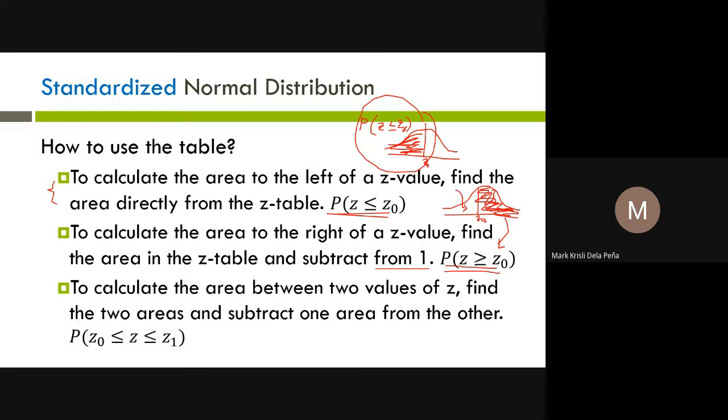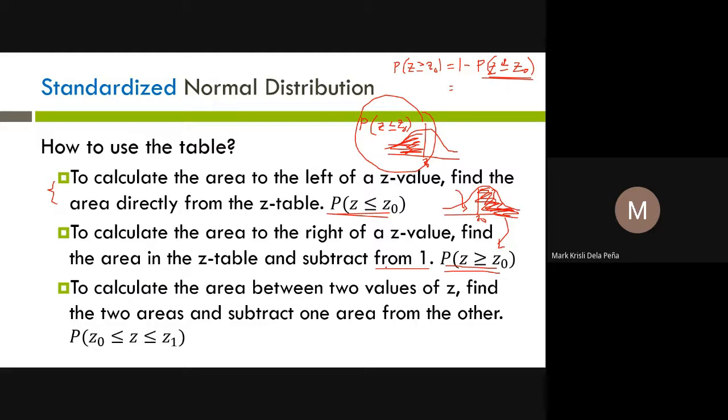So we can rewrite this: the probability of z greater than or equal to z sub 0 can be rewritten as 1 minus the probability of z less than or equal to z sub 0. So just get the probability of this one from the table, then subtract that from 1.